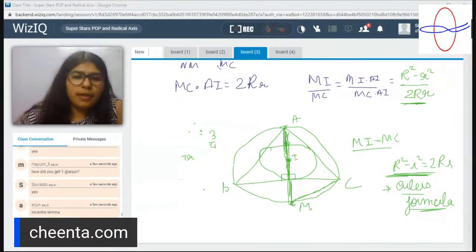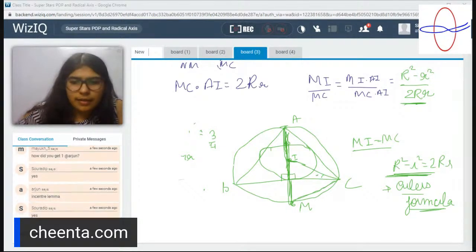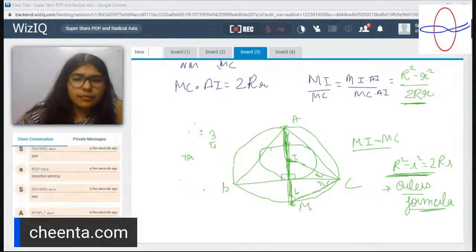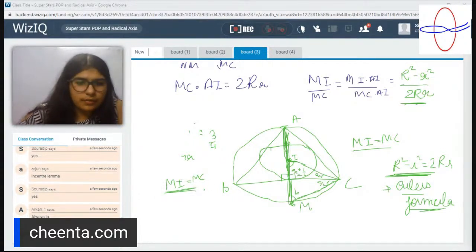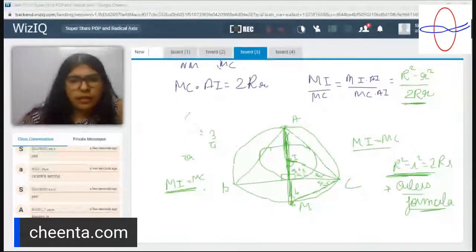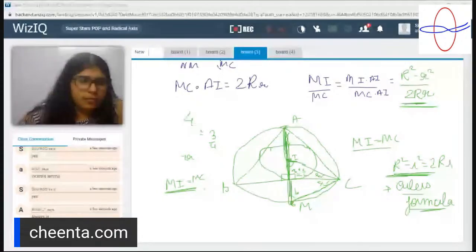MI equals MC is true over here, because this is C by 2, this is A by 2, this is B, and this is also A by 2 plus C by 2. So incidentally MI equals MC, and this is 100% true.